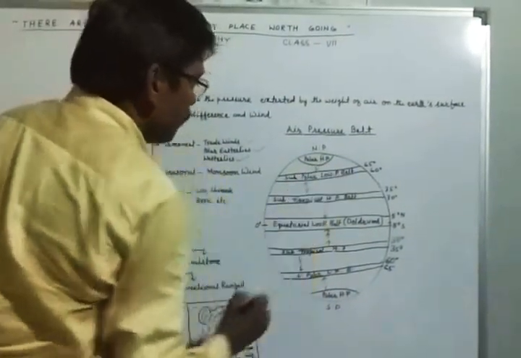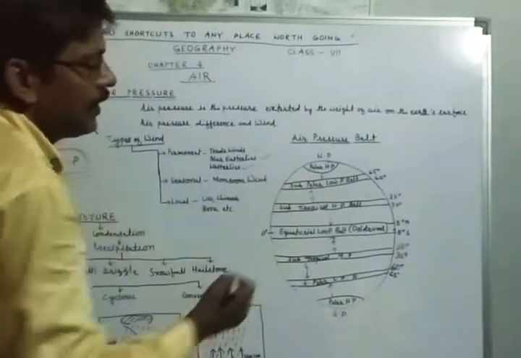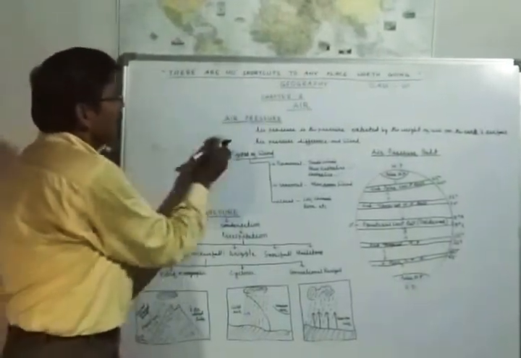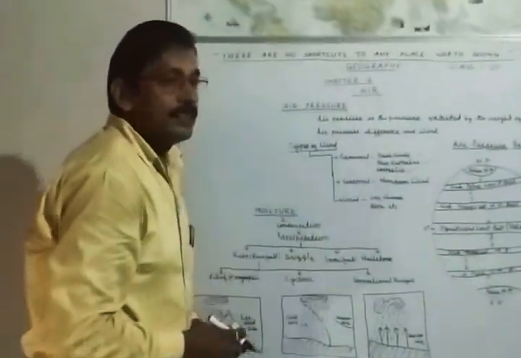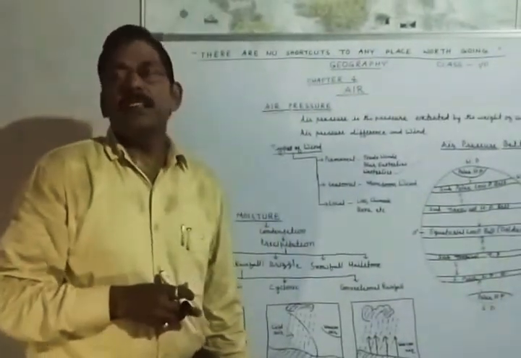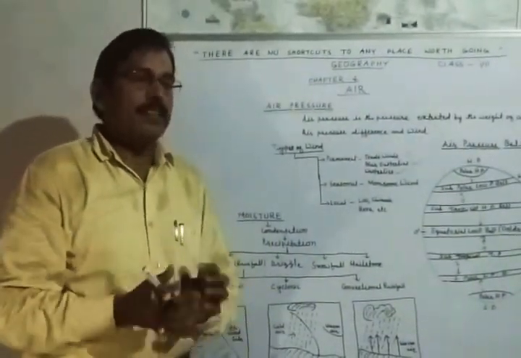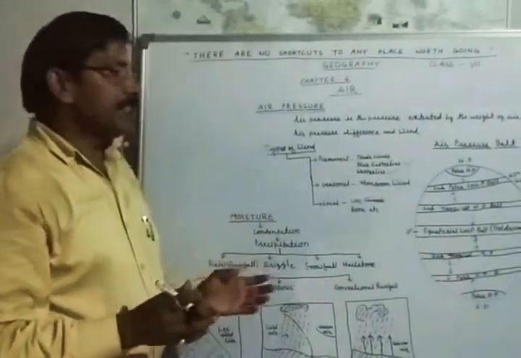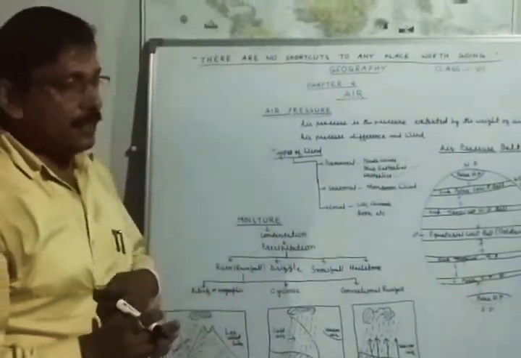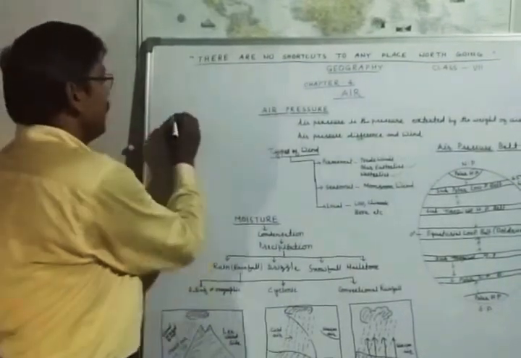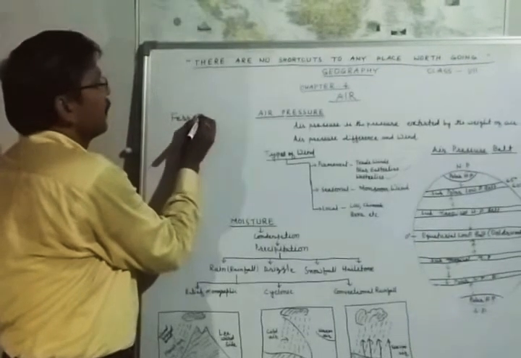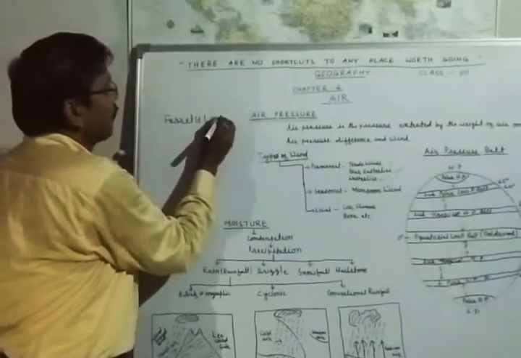But children, you know that as the wind is coming, its direction is not the same. Its direction changes. This direction is changed by the earth's rotation. As the earth rotates, the wind does not go directly; the wind's direction deviates. This deviation is given by a rule called Ferrel's law.